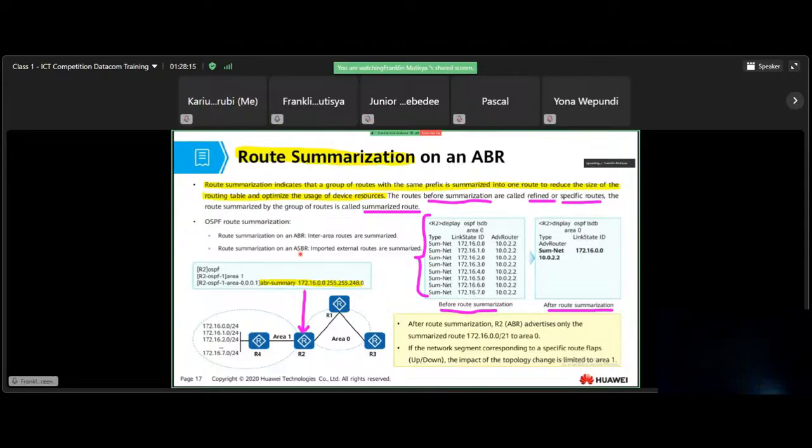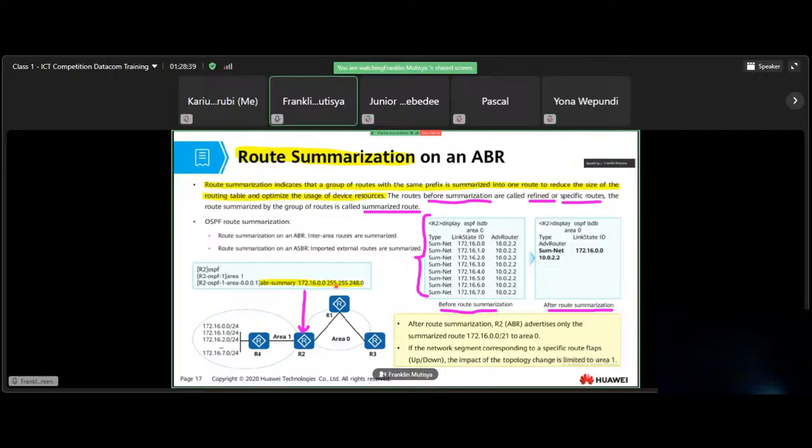Okay, so you perform your summarization. Assume you have these networks here. When you're configuring your ABR, you say area range, then you put in the summarized route and the mask length. I showed you how we summarize routes.